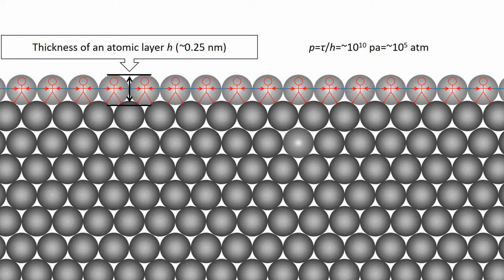As the thickness of an atomic layer is about 0.25 nanometer, or 2.5 times 10 to the minus 10 meter, this surface stress can induce a surface pressure on the order of 10 to the 10 Pascal, or 10 to the 5 atmospheric pressure.